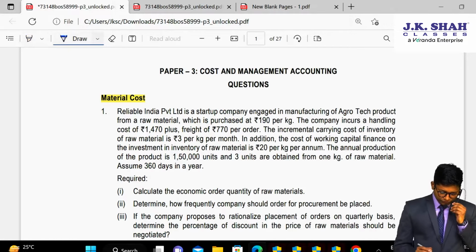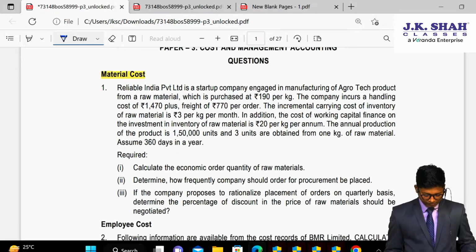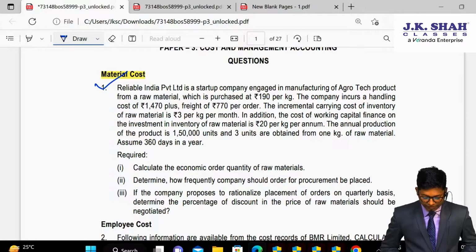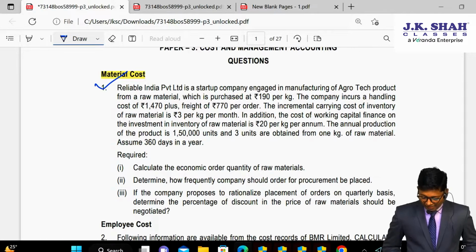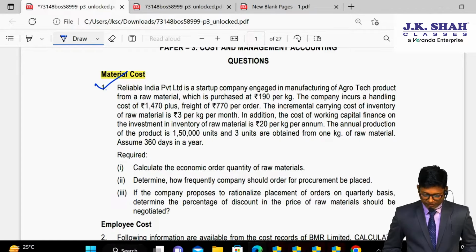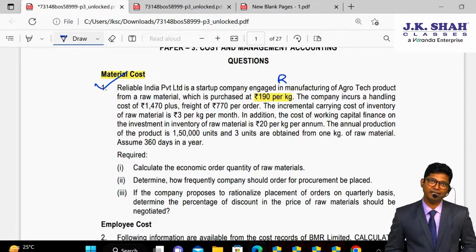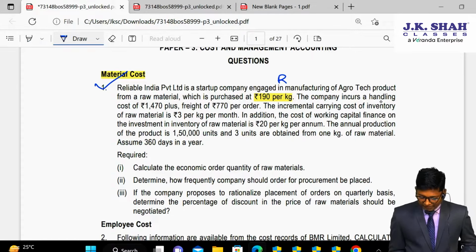So the very first question of B is based on material costing, which says Reliable India Private Limited is a startup company engaged in manufacturing of agrotech product from a raw material which is purchased at 190 rupees per kg. So 190 rupees per kg is the purchase price, which can be denoted as rate R. The company incurs a handling cost of 1470 plus freight of 770 per order.